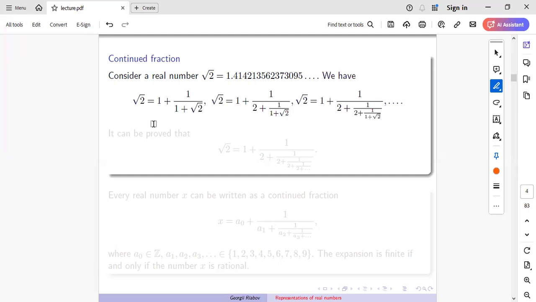Observe that root of 2 can be written as 1 plus 1 over 1 plus root of 2.